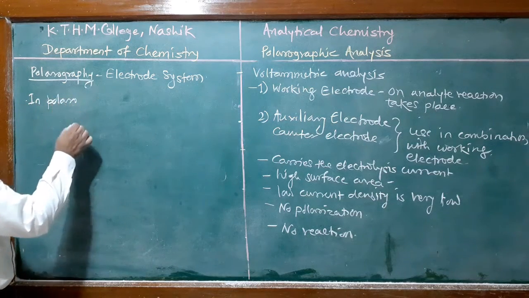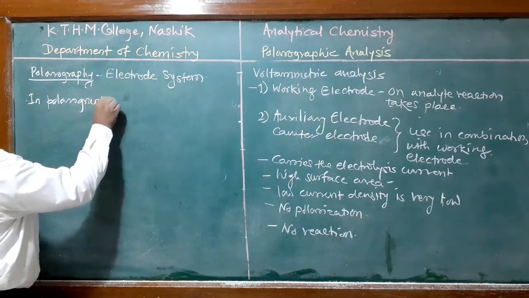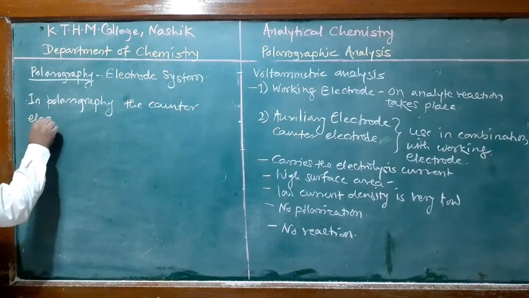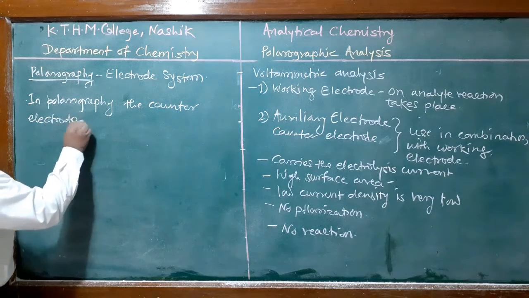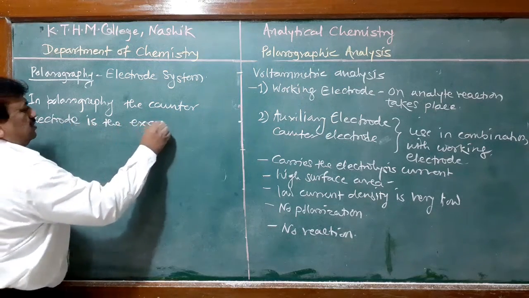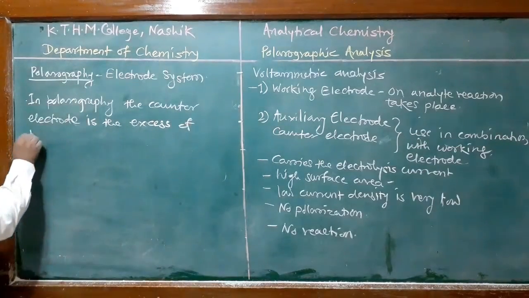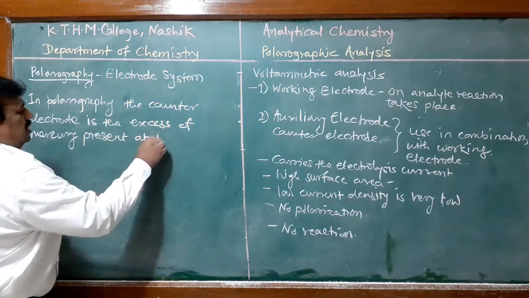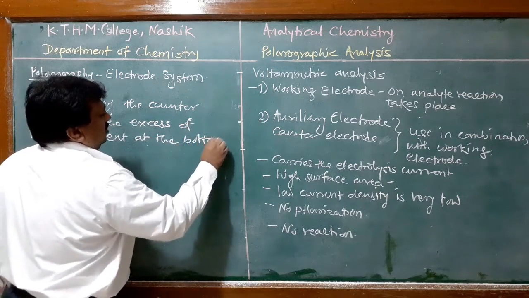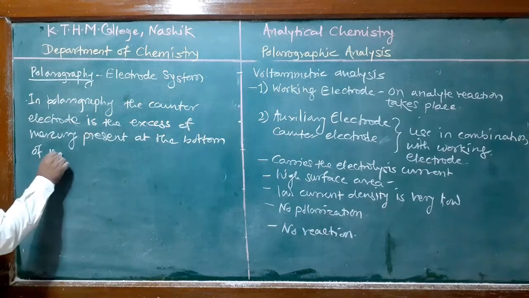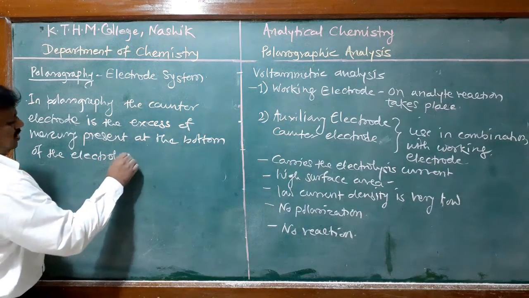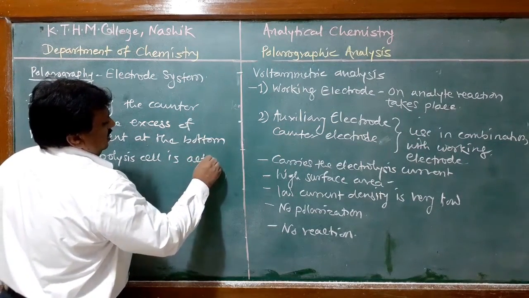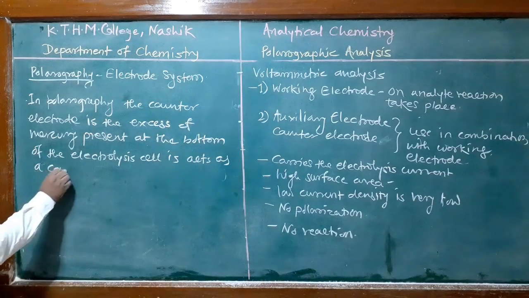In polarography, the counter electrode is the excess mercury present at the bottom of the electrolysis cell, and it acts as a counter electrode.